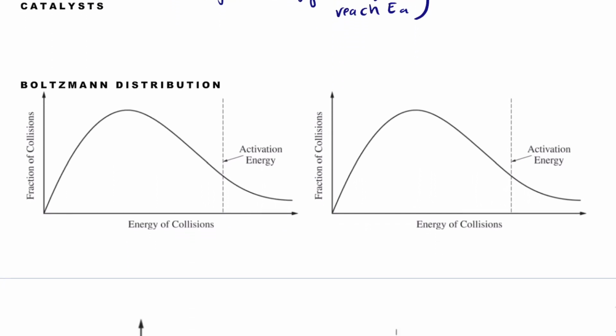Okay, let's talk about a catalyst. A lot of people know that catalysts speed up a reaction. And the important thing is they speed up a reaction by lowering the activation energy. And catalysts are not consumed.